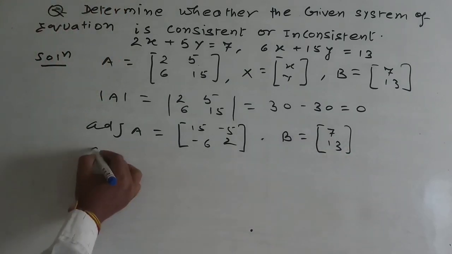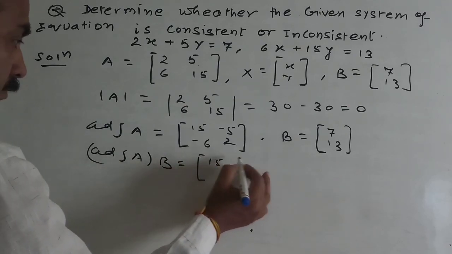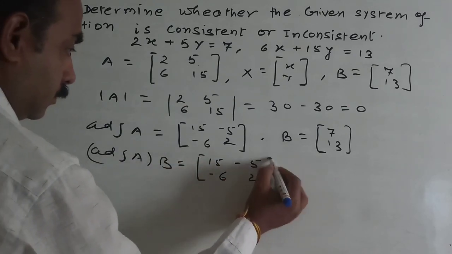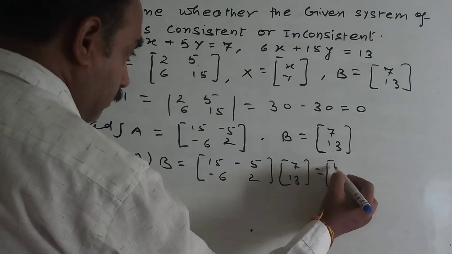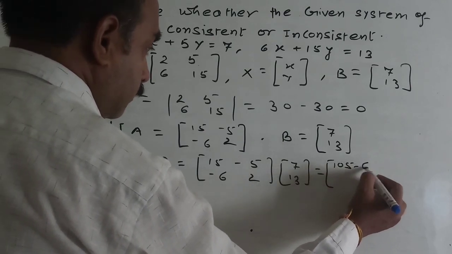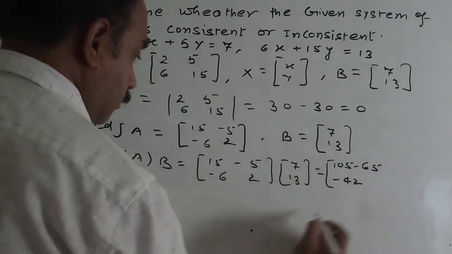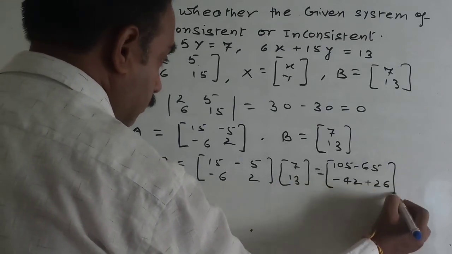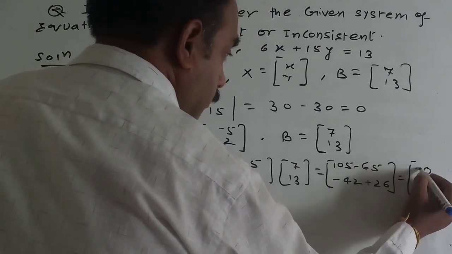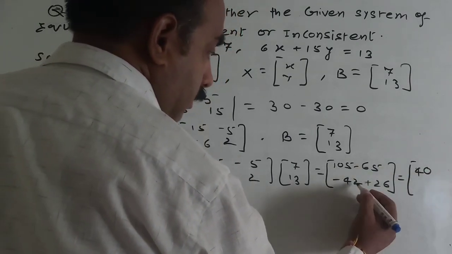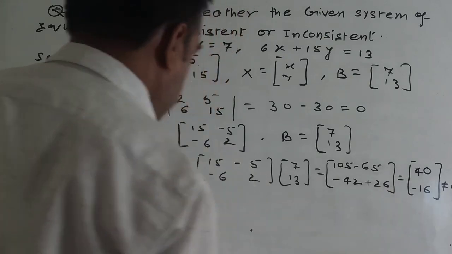Now we find out the product of adjoint A into B. That is 15 times 7 minus 5 times 13, minus 6 times 7 plus 2 times 13, that is 105 minus 65, minus 42 plus 26. If we solve it, we get 40 and minus 16, and this is not equal to 0.